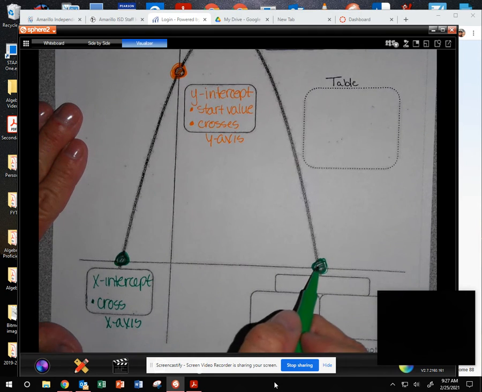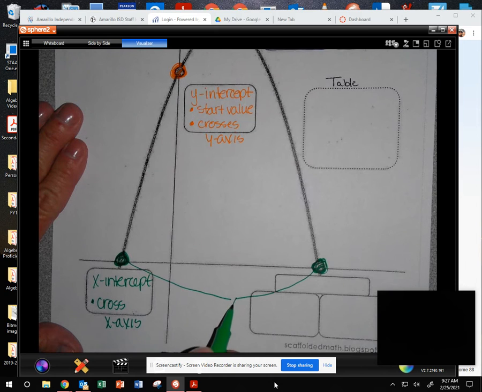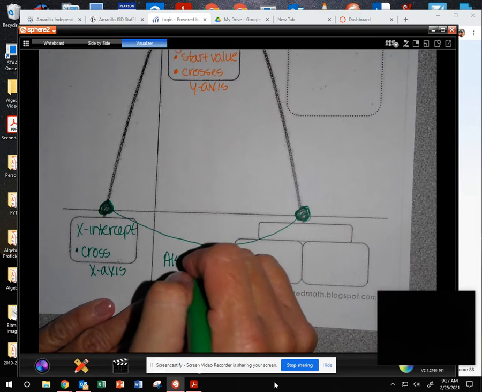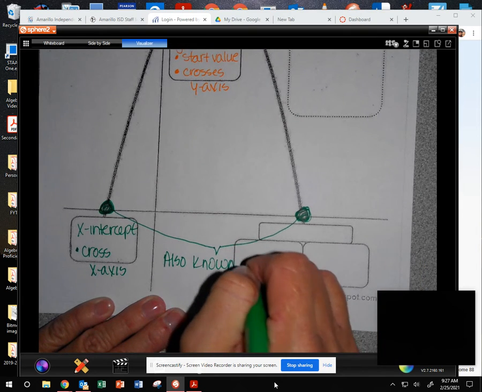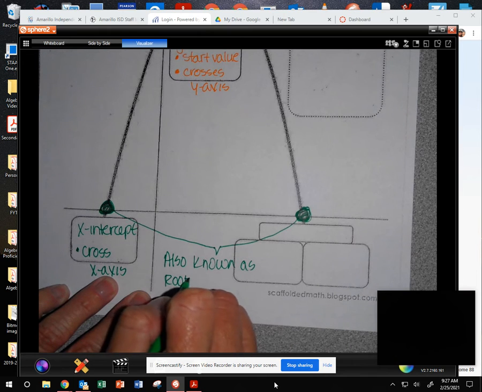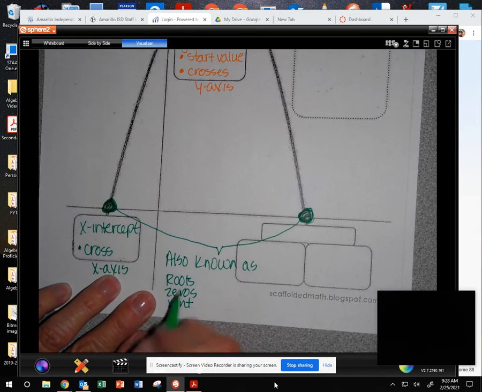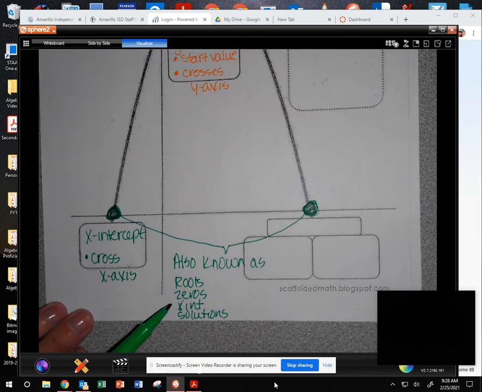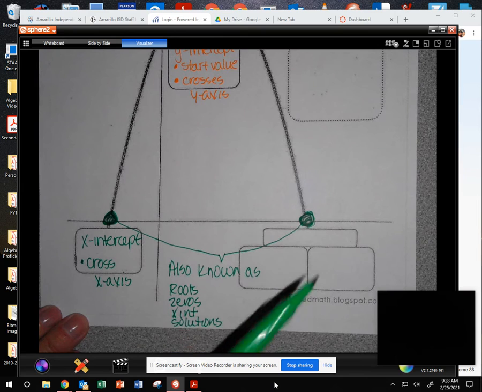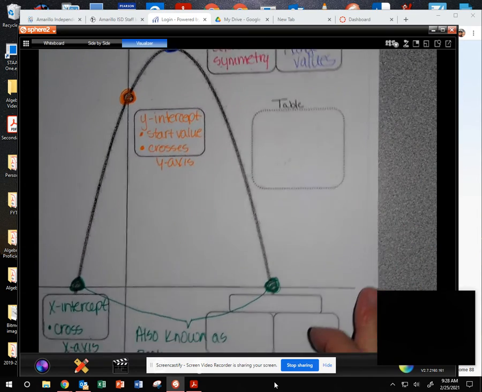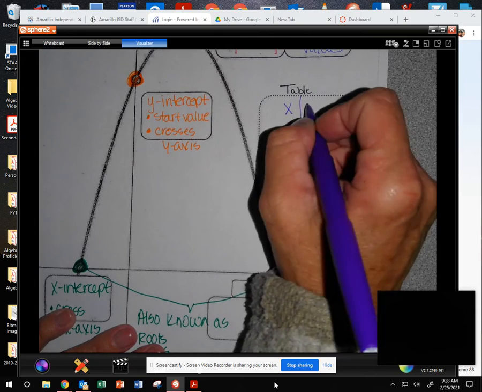Okay. These are also known as roots, zeros, x-intercepts, and solutions. Okay, so anytime you see any of these four words, we're always looking for my x-intercepts. Now, what if I am looking at a table? So know that your table is x and y.